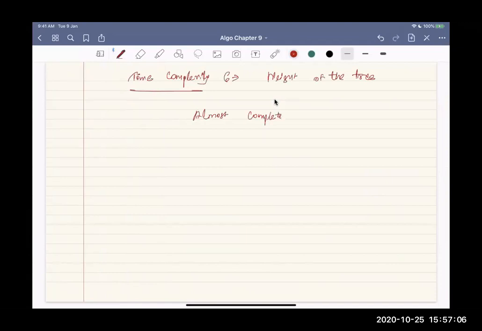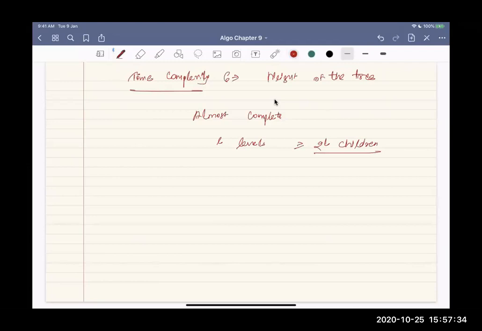I know that for L levels, there are greater than or equal to 2 to the power L children. So that means for n nodes, the height is exactly log n.